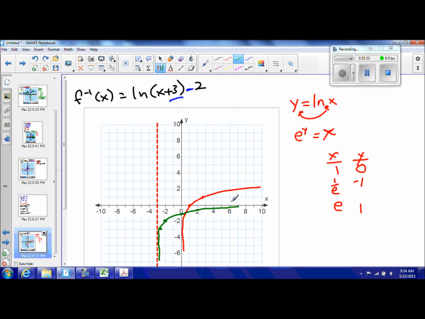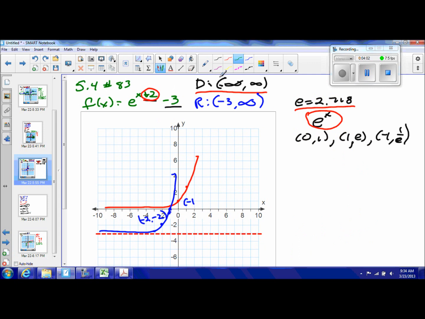Looking at the graph, I would say that my domain is negative 3 to infinity. I would say that my range is negative infinity to infinity. How does that compare with my original graph?